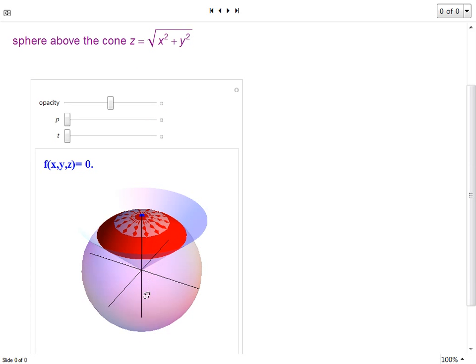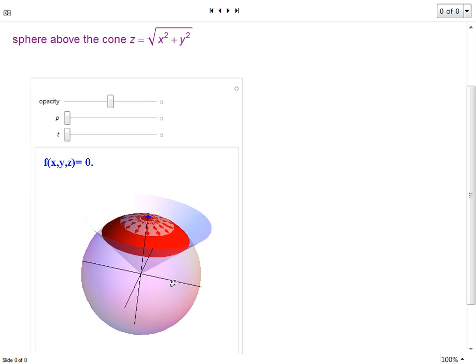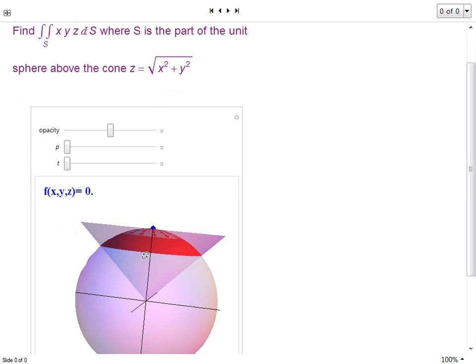Now, I included a picture. Again, this is where things can get tricky. I mean, what if you're doing a problem and you don't have the picture? You have to understand, you've got a sphere, right? The surface is part of the sphere. It's the part of the sphere that's above a cone. So you have to visualize the cone coming in and intersecting the sphere and creating that little red cap, right?